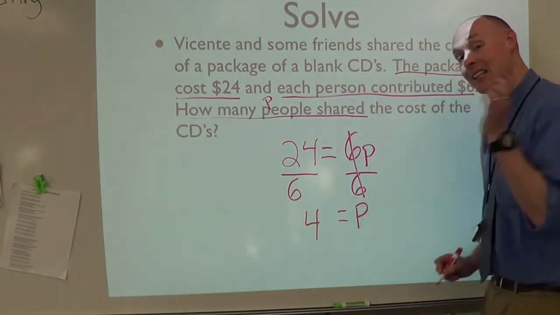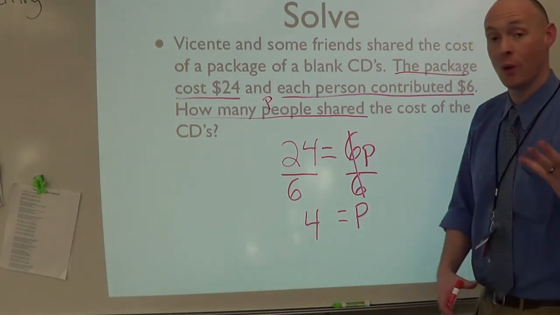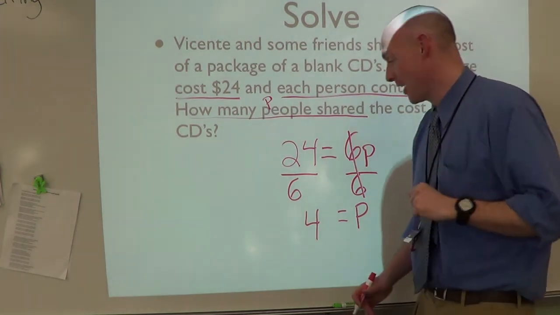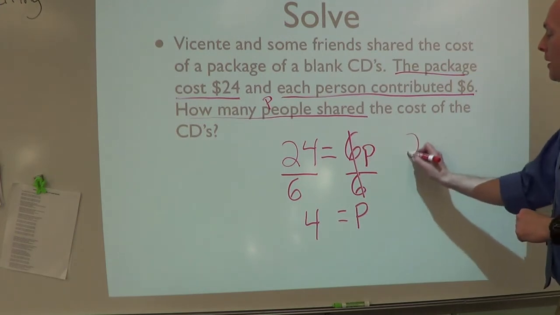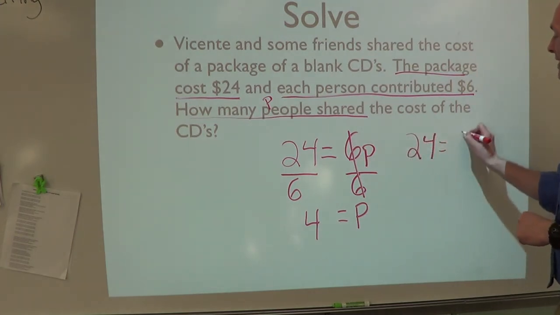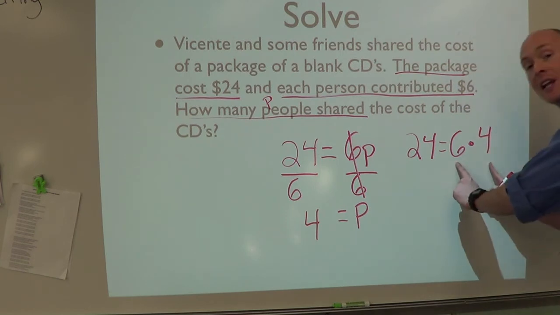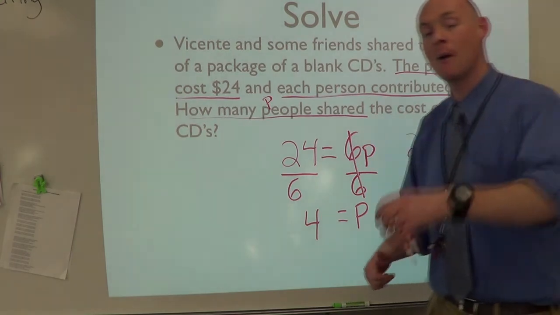So we think that there's 4 people. 4 equals P, or we think 4 people. Only way to be sure, double check your work. Let's see. 24 equals 6 times 4. Does 6 times 4 equal 24? It does. We're good to go.